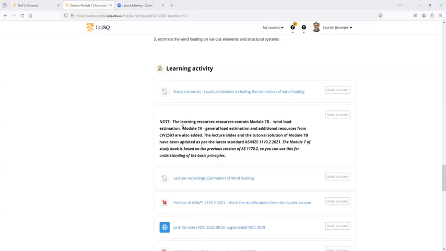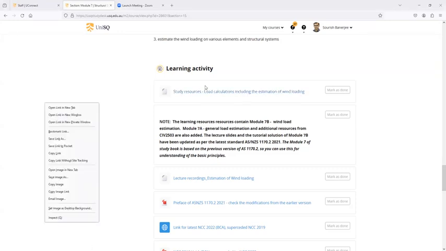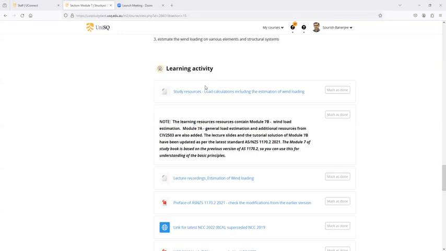wind load estimation, I'll go to the tutorial and then we'll come into the things as we need. So what I'll do, I'll download these things. Download.